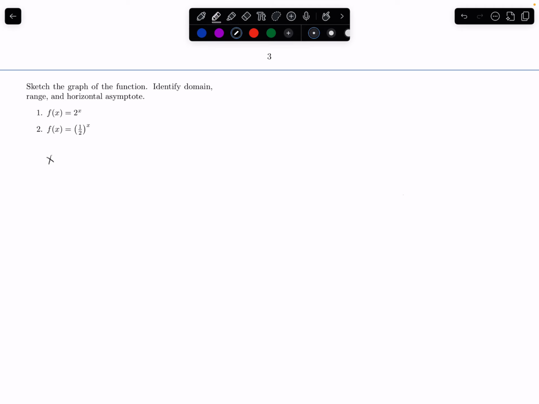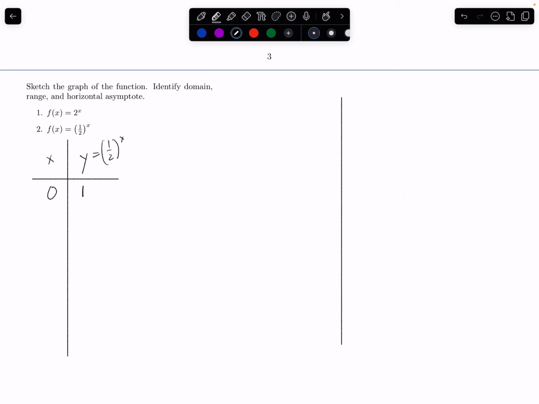Okay, so I got x and y, which is 1 over 2 to the x. And we're going to do the same thing. We'll start with 0. But anything to the 0 power, even if it's a fraction, pops out 1. So that's nice. We still get that 0, 1 dot, yeah?